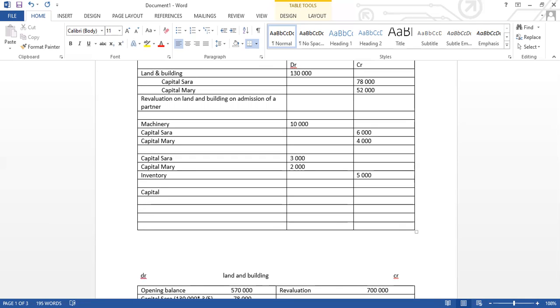In other words, you have capital Sarah of 6,000, and then capital Mary 4,000. And then we have accounts receivables, which is to be credited.